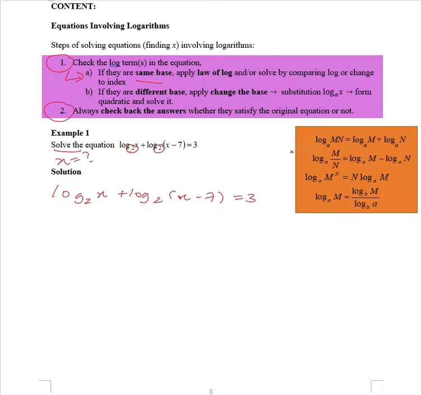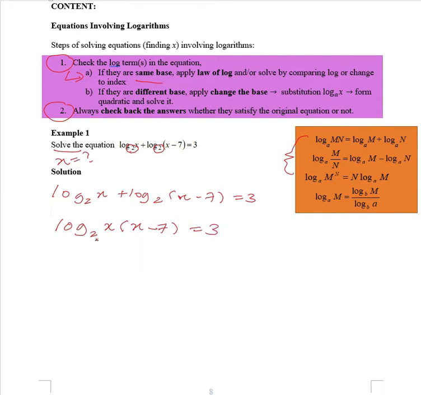From here, these three are the law of logs that you have to remember. So since we have a plus sign in the middle, we have to use the first law of log, which is m times n, or it's going to be x times x minus 7 equal to 3.